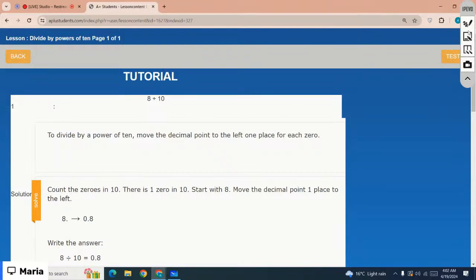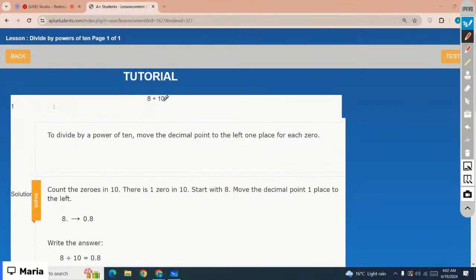For example, here you have 8 divided by 10. You have one 0 over here. That means you need to move the decimal point one place left, right? Usually the decimal point is here. You have to move left one place. So it would be 0.8.